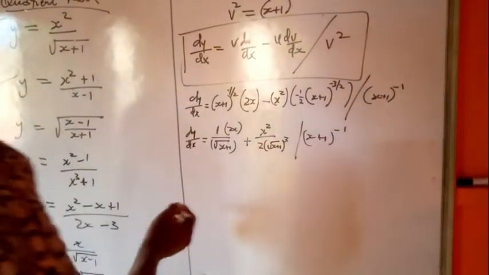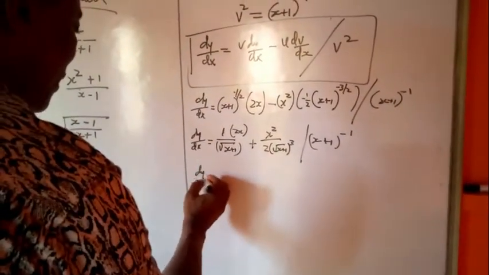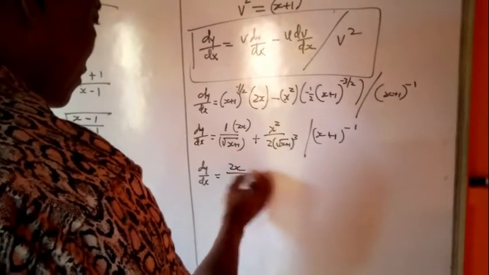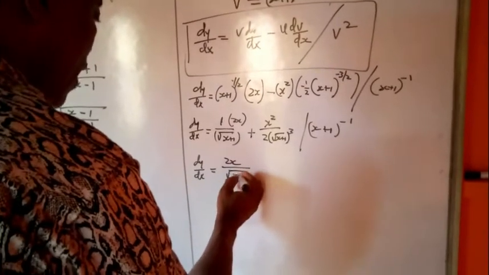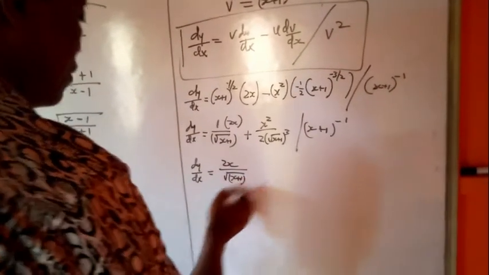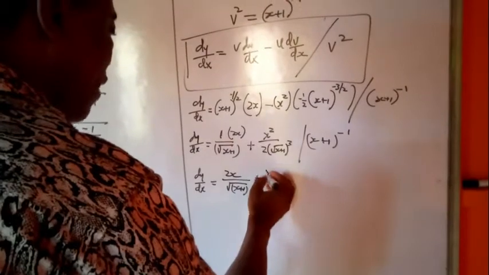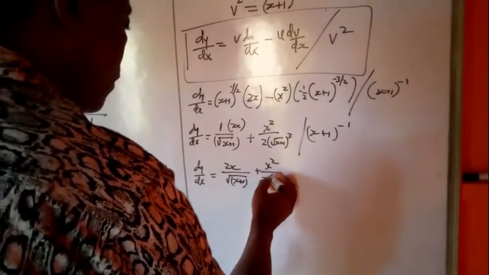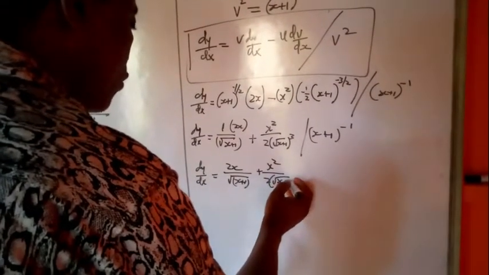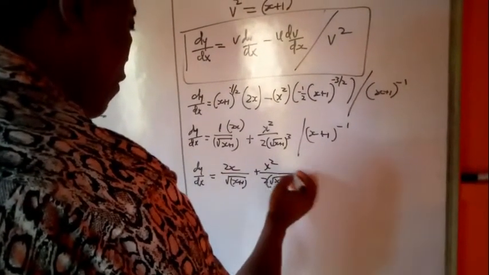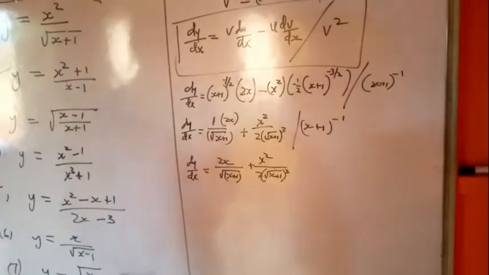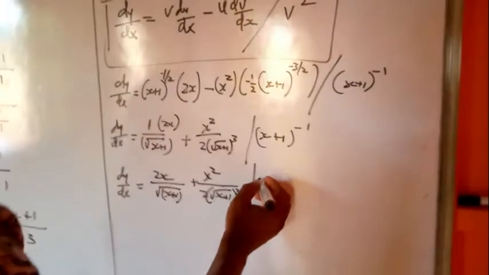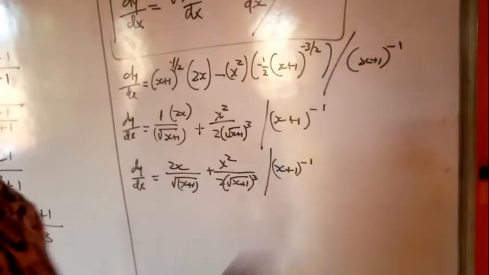So let's rewrite. You now have dy/dx is equal to 2x all over root x plus 1 plus x squared all over 2 root x plus 1 raised to power 3, all over x plus 1 raised to power minus 1.